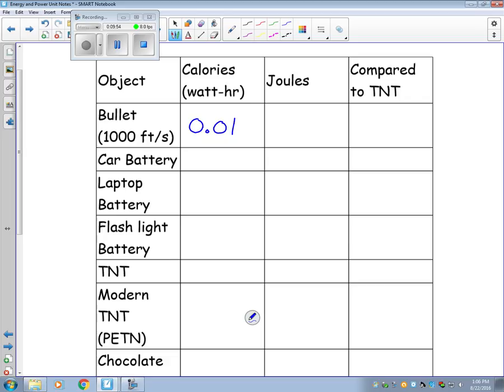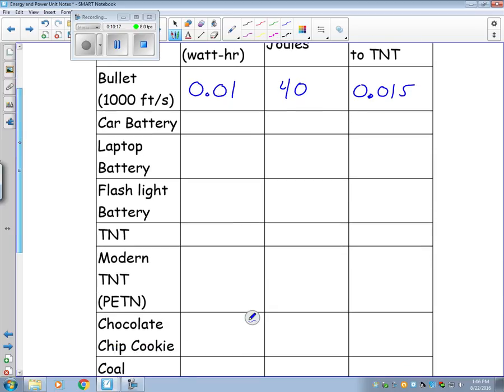I mean, a typical meal is going to be 500 to 700 calories. That gives it roughly 40 joules. And then if I were to compare that to TNT, it would be 0.015 the amount of TNT. Right, car batteries.